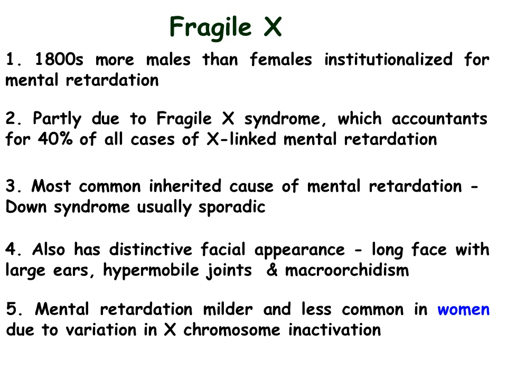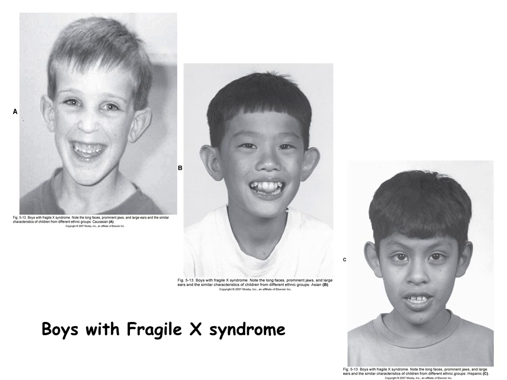So it will have a tendency to be milder in women. And this is just showing you boys with Fragile X syndrome, and you can see the very classic features, the long face and the big ears, and of course they all have a pretty cute smile on them as well.